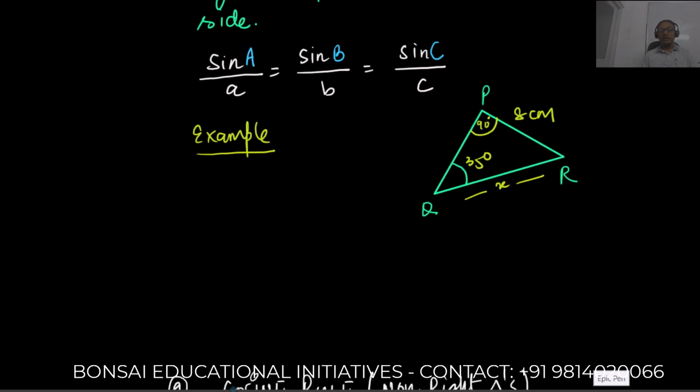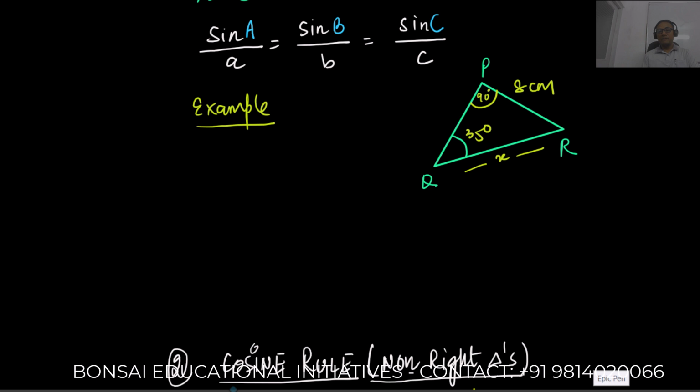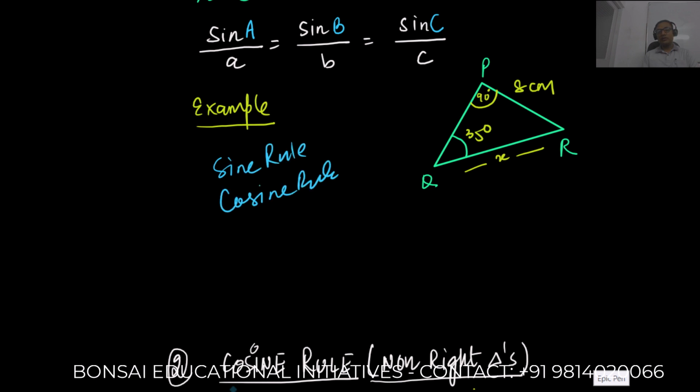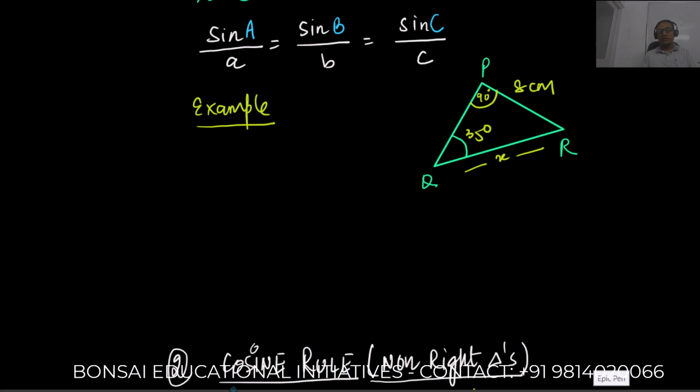In the other sense, let us solve an example. This is a problem in which the triangle is not a right angle triangle. When the triangle is not a right angle triangle, we straightforwardly think of the sine rule or cosine rule. I'm coming towards the cosine rule. Just solve this problem. This is 90 degrees, and the side opposite to 90 degrees is x.